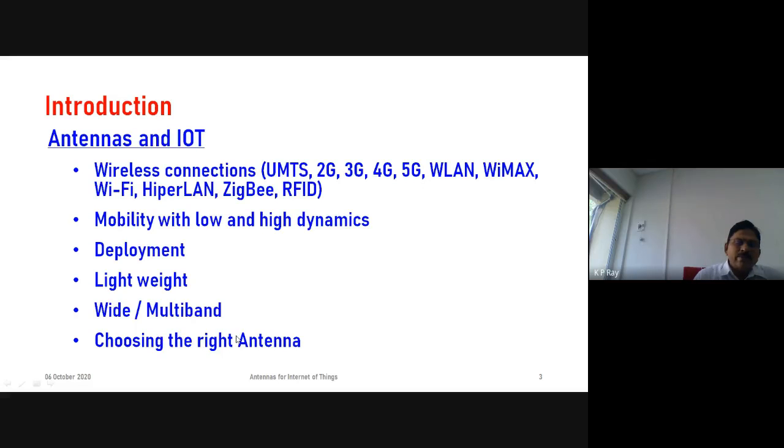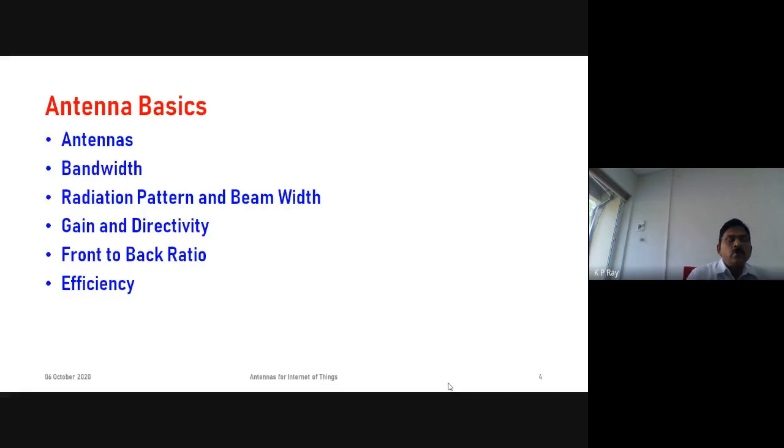So for all these applications, choosing the right type of antenna is very essential, which will meet all the requirements of IoT applications. These are some of the functionalities you require for IoT antennas.